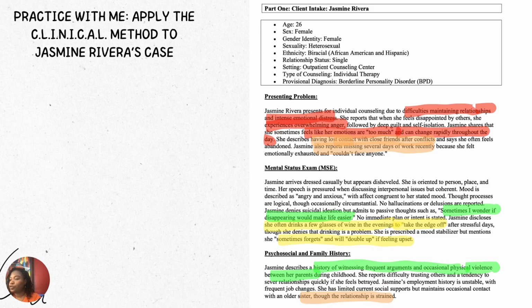She reports difficulty trusting others and a tendency to sever relationships quickly if she feels betrayed. Her employment history is unstable with frequent job changes. She has limited current social supports but maintains occasional contact with her older sister, though the relationship is strained.